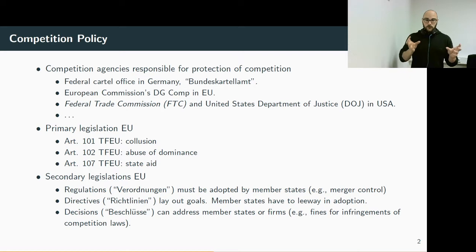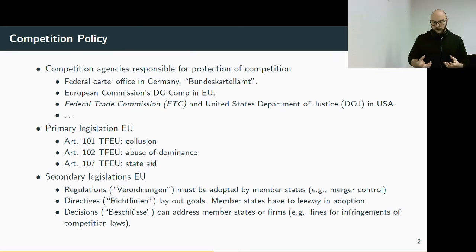And these two responsibilities have something to do with a fundamental difference in how certain infringements are treated in the two legislations. Okay, so if we look at the EU in more detail, right?